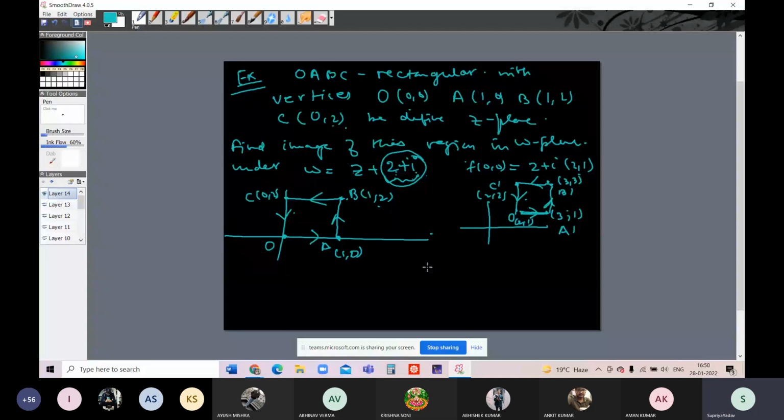Next, one more important mapping is inverse transformation. A mapping like this, w equals 1 by z. So this type of mapping is called inverse mapping, or this transformation is called inverse map.